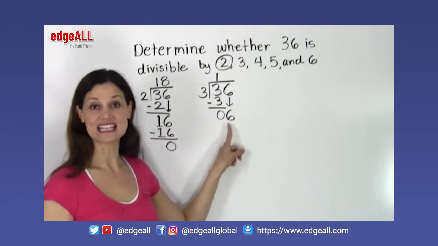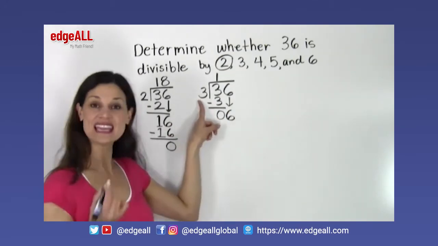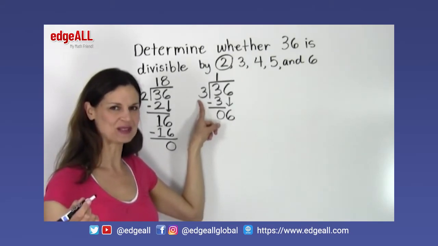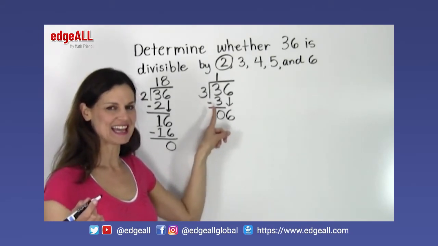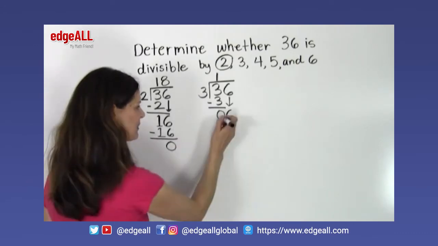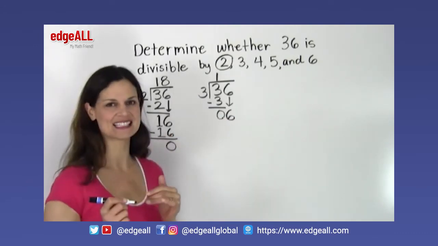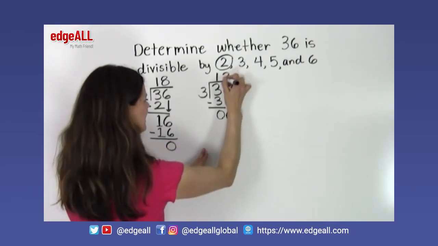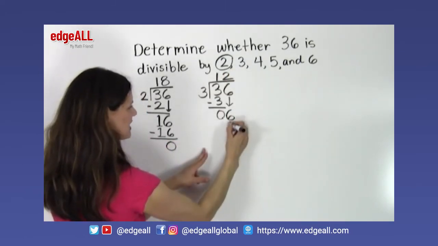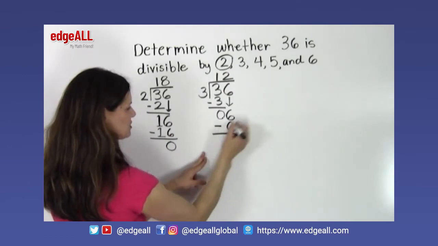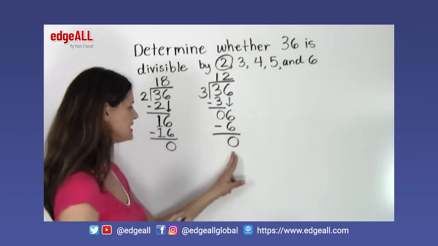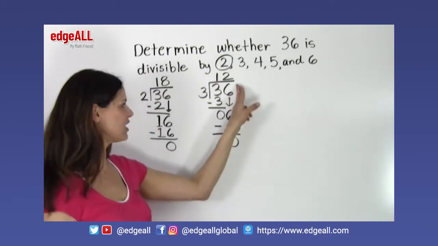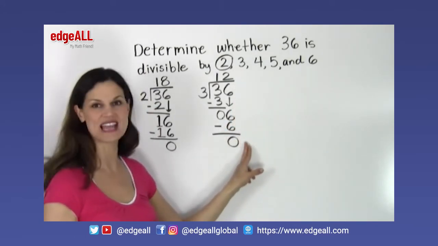I can either say 6 divided by 3 equals what? Or I can ask myself, what number can I multiply 3 by to get as close to 6, but equal to or less than 6 as possible, and I know that number is 2. So I can put my 2 here. 2 times 3 equals 6, and I subtract 6 minus 6 equals 0. I'm finished doing the division on this problem now because there are no more numbers for me to pull down here.